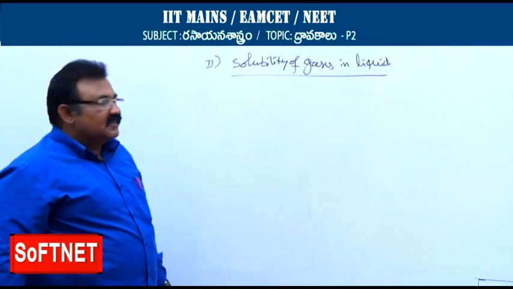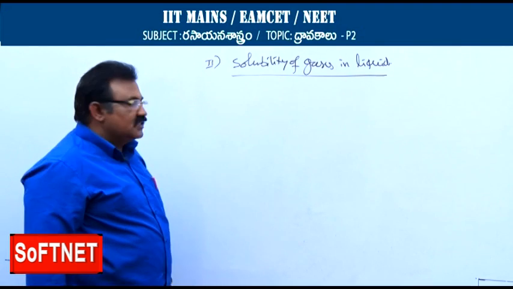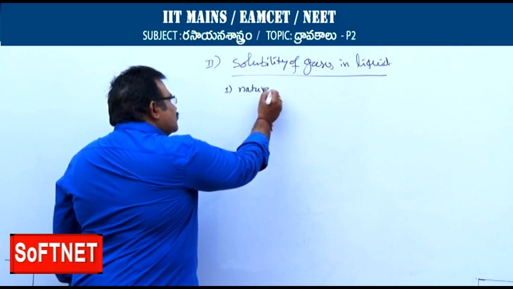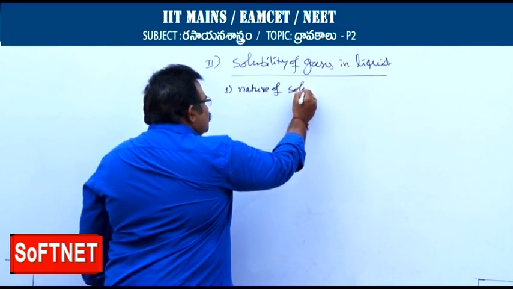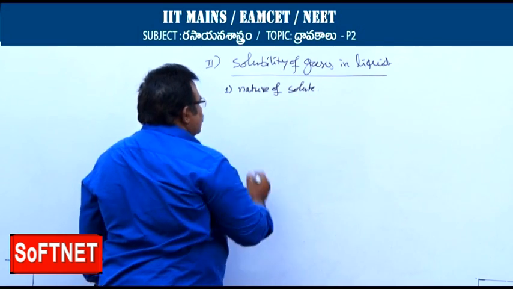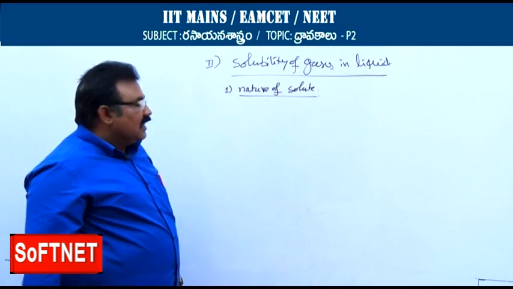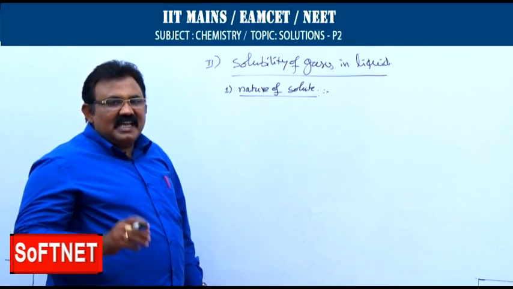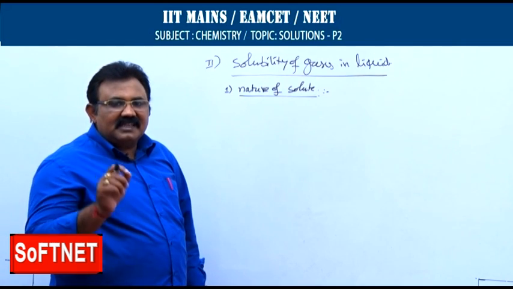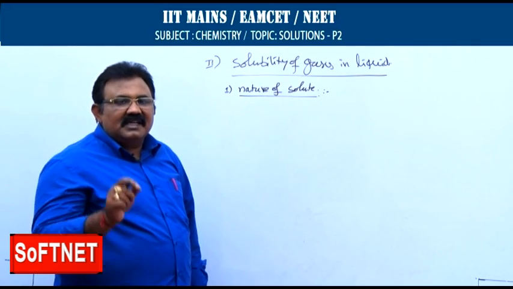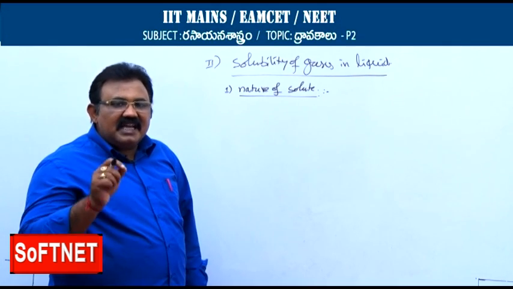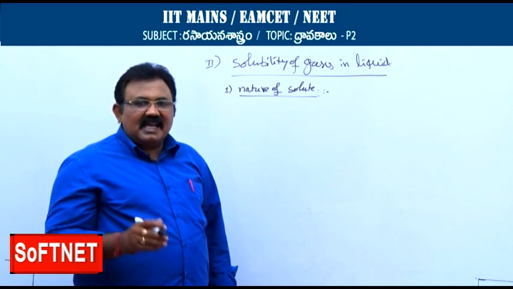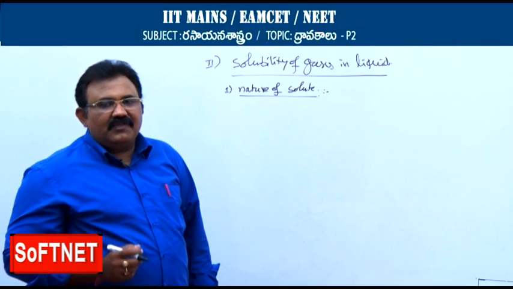The factors that affect the solubility of a gas are mainly nature of solute. That means if a gas is easily liquefiable, then that gas is highly soluble in the given solvent. Easily liquefiable gases will dissolve more than gases which don't liquefy.